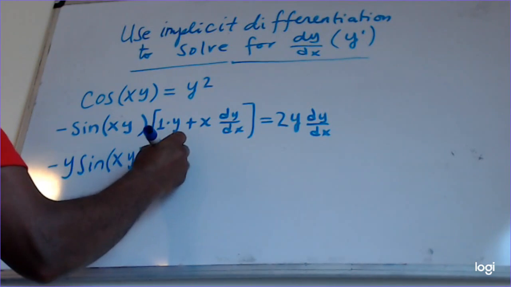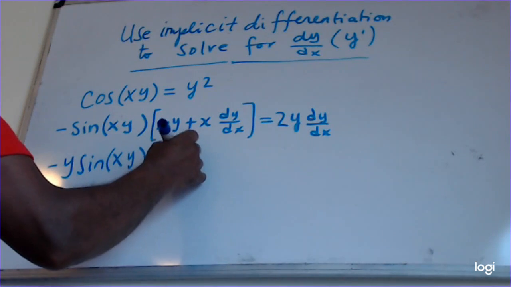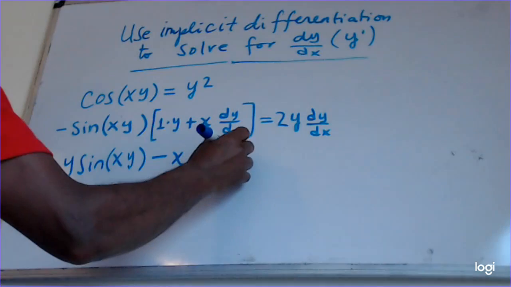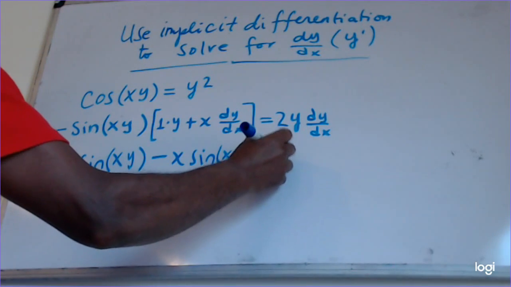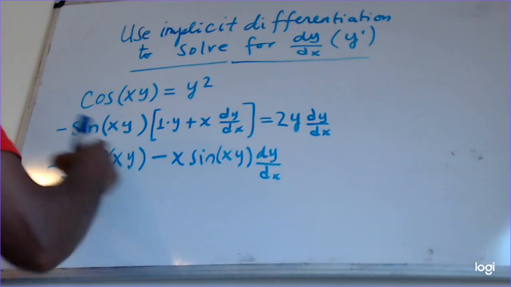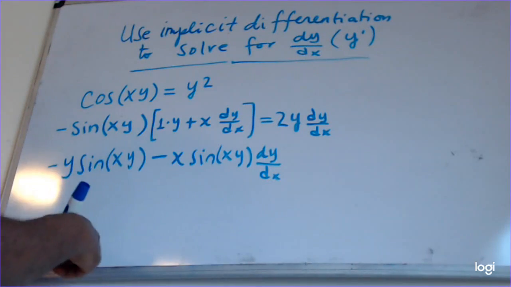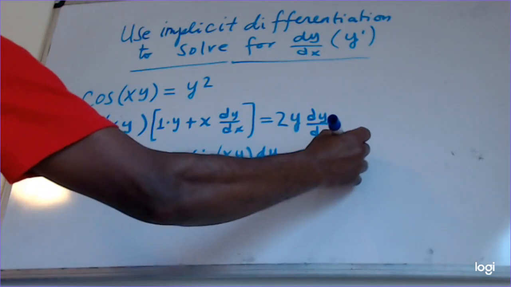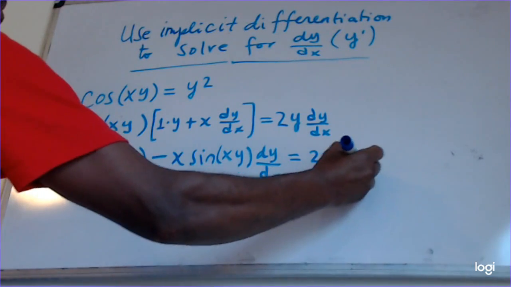Then I will have minus x times sine of xy dy/dx. So I'm basically distributing this over this guy. That will equal 2y dy/dx.